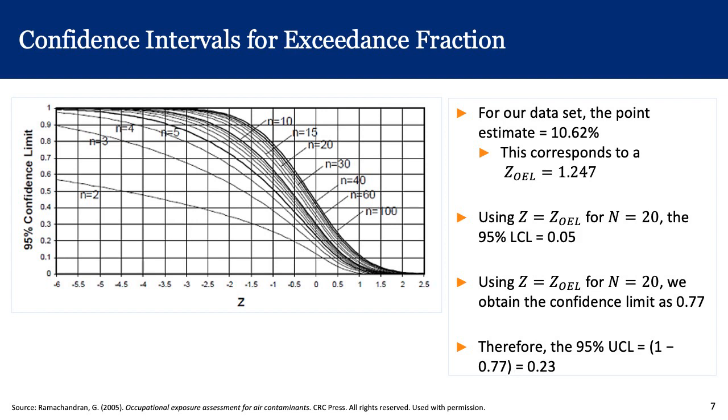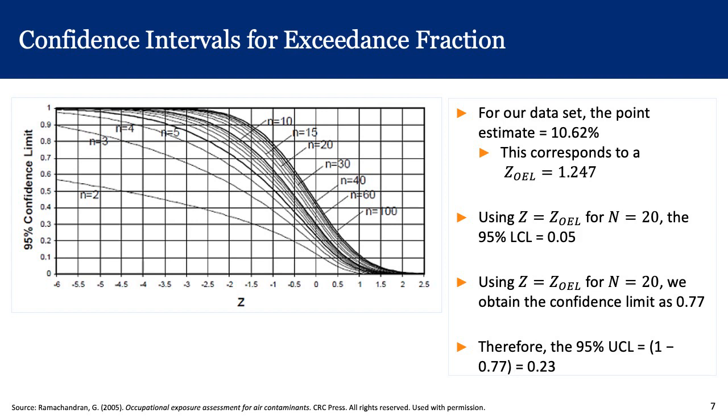If we use z equal to 1.247, on the x-axis, you find the z value of 1.247, which is on the far right-hand side, and you find the curve corresponding to n equal to 20. Then you will see that the lower confidence limit is around 0.05. I know it's a little bit hard to read, but just take my word for it in this case.